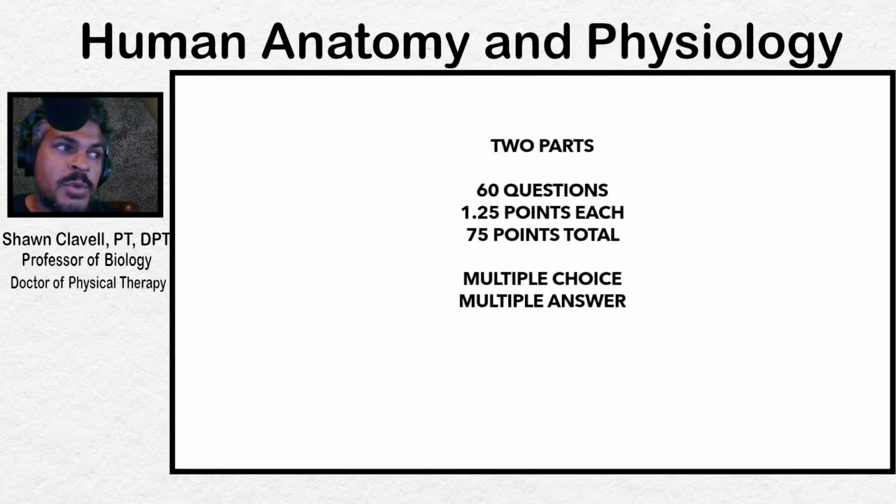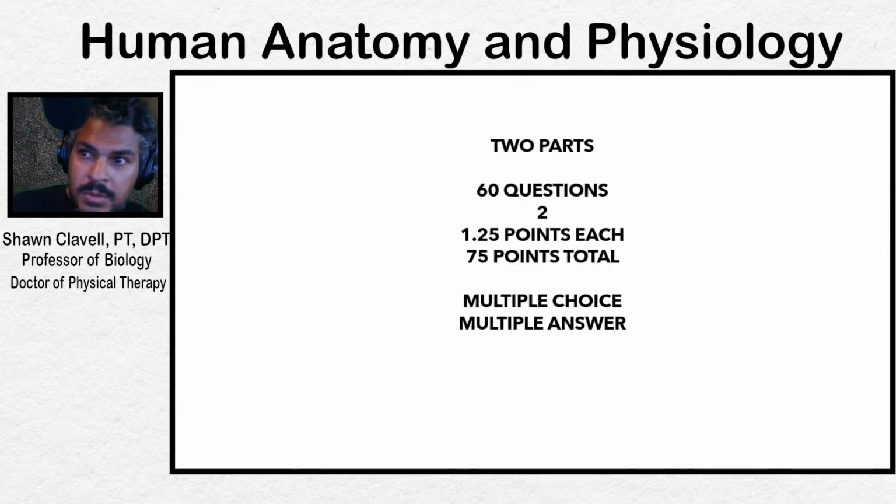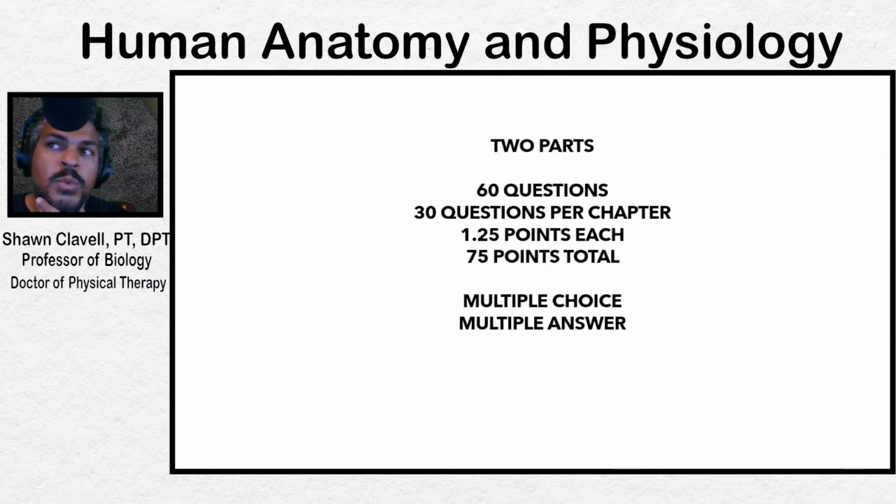You'll get 30 questions from each chapter. So 30 questions from chapter 4, 30 questions from chapter 5. It's going to come out to 1.25 points each, which comes out to 75 points for part 1, I should say.